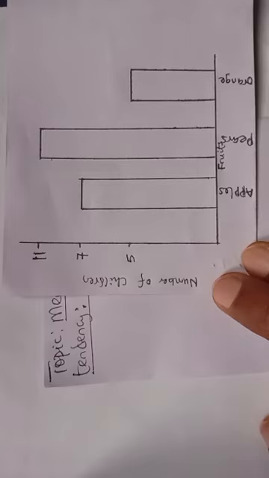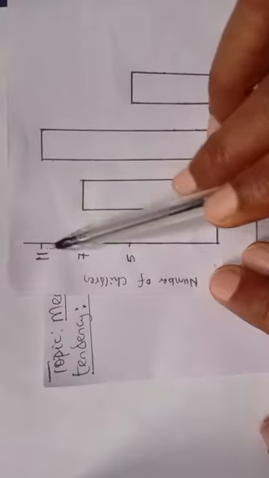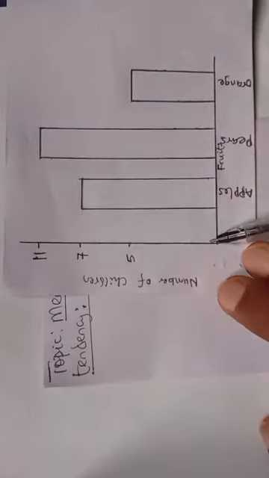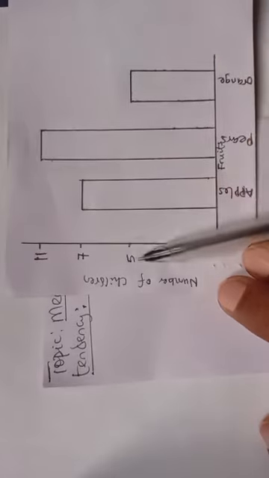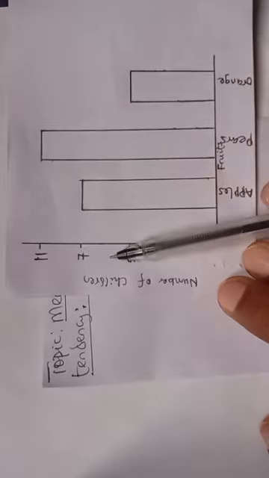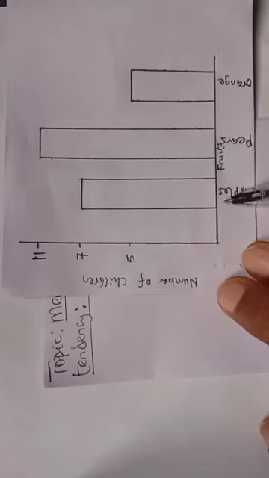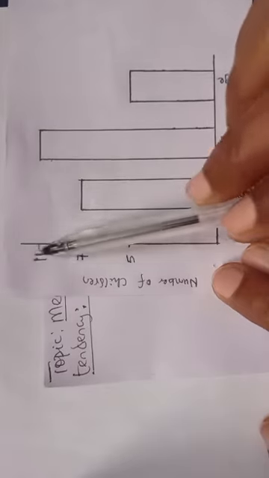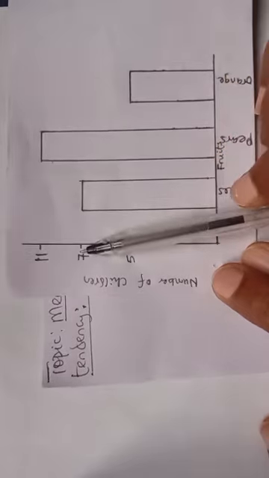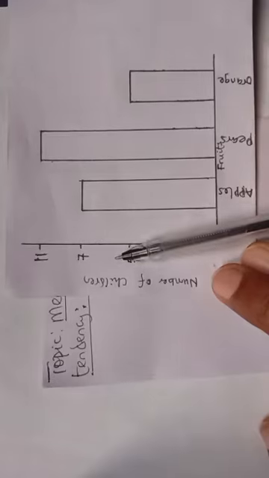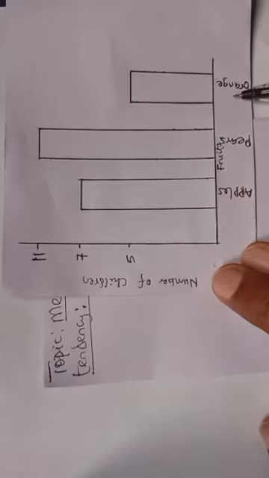Another thing you must know about a simple bar chart is this. Number one, this line here is called a vertical line. It shows the number of choices that were made as regards the fruits available. So these are the numbers of those that made their choices with respect to the fruits we have here.